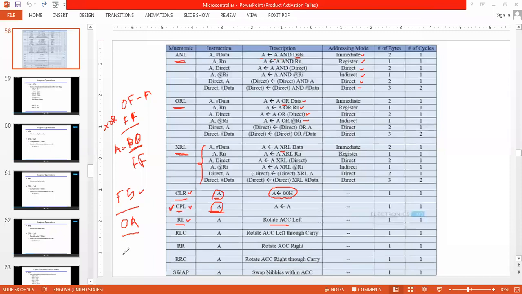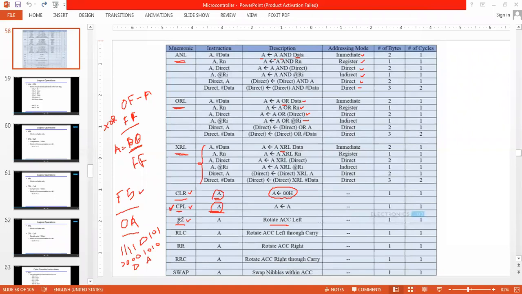F5 is nothing but 1111, 5 is 0101. Complement means what? Inverting, no? So 1 becomes 0, 0 becomes 1. So that is going to be 0AH. Okay, fine.